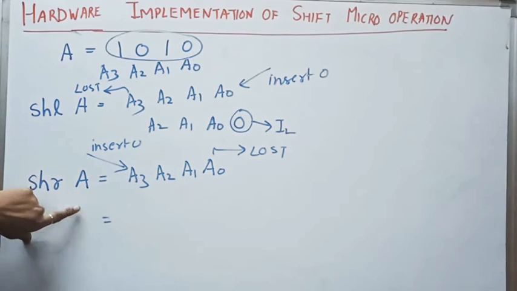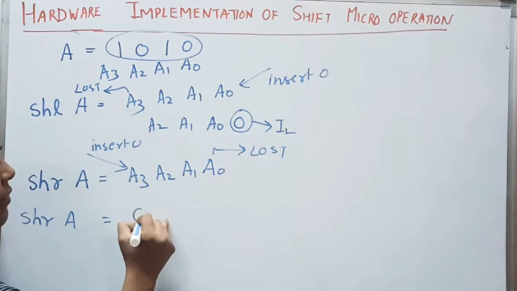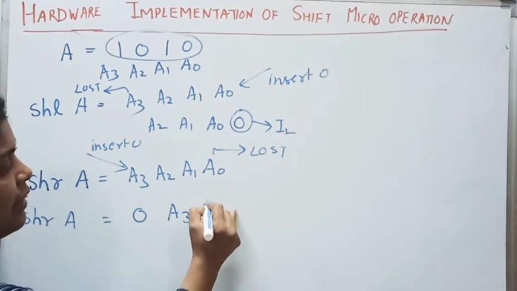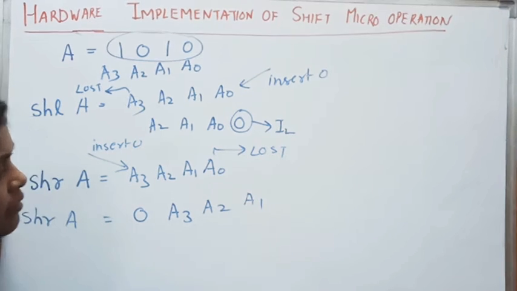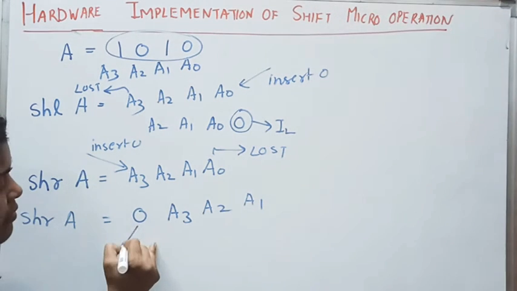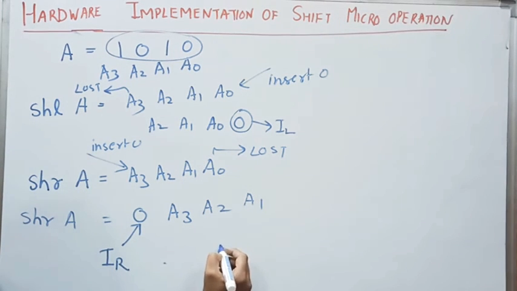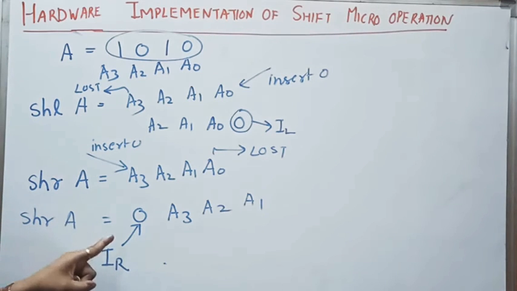So you can write SHR A as the shift right operation, that is 0, A3, A2 and A1, and A0 will be lost. This particular 0 I can write as I of R. So you can say that in the shift right operation the answer is I of R, A3, A2 and A1.